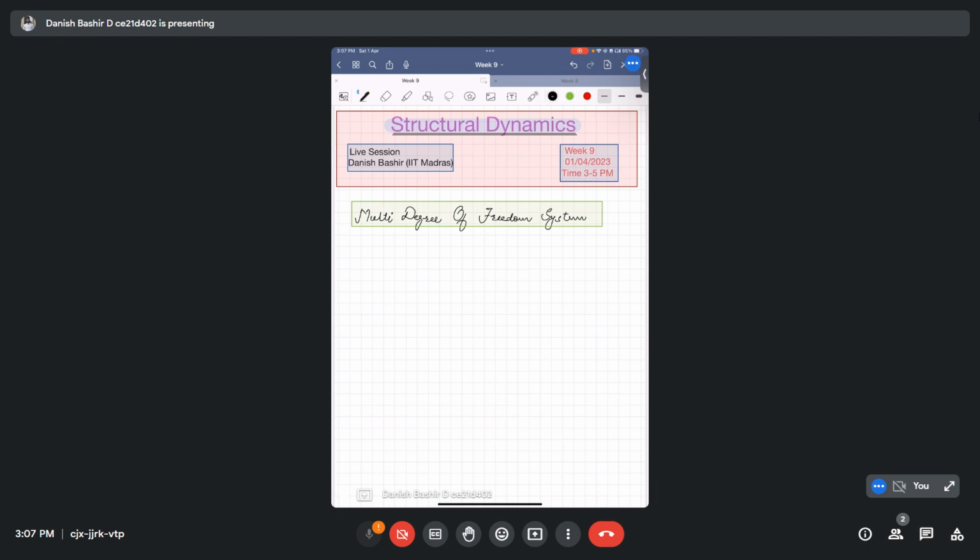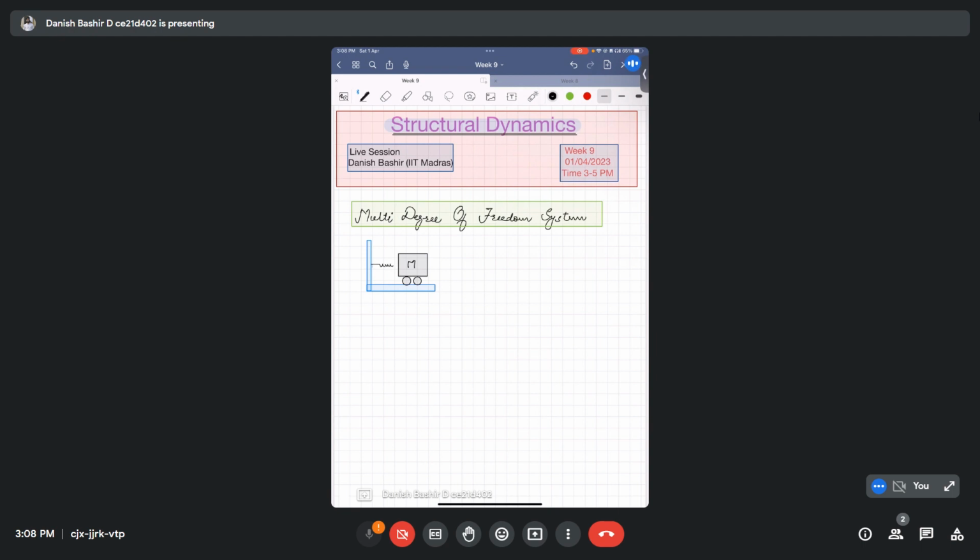For example, we studied the conventional single degree of freedom system. We had a block of mass m in the mathematical model, with some stiffness parameter k and damping parameter c.